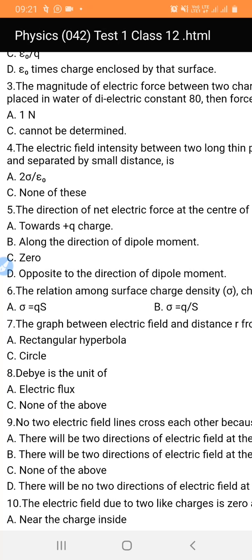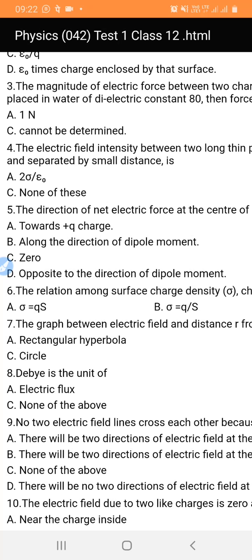The electric dipole moment direction will be from minus q to plus q charge. So here in B, along the direction of dipole moment, that is from minus q to plus q, so the force will be opposite to the direction of dipole moment.